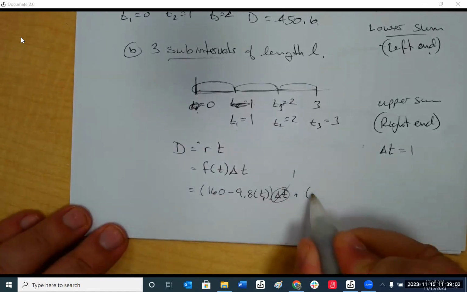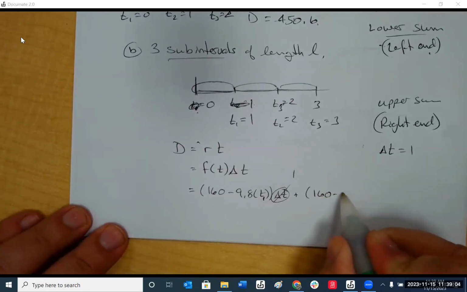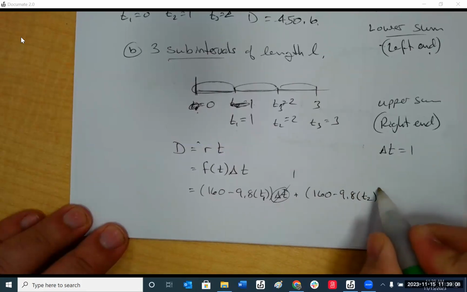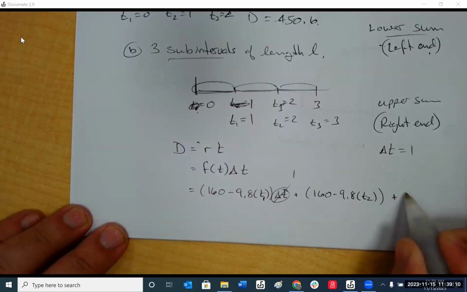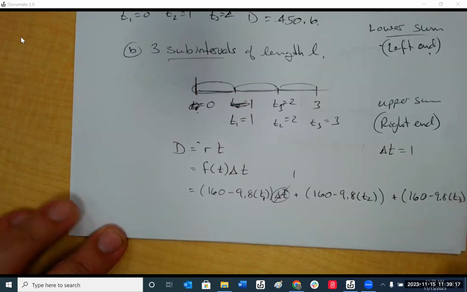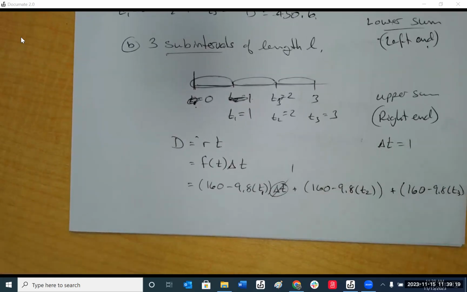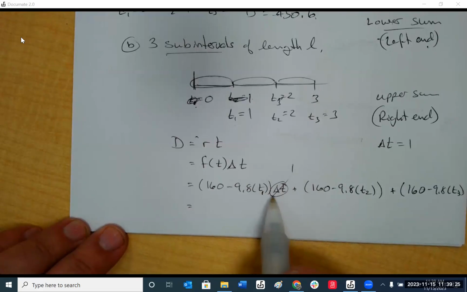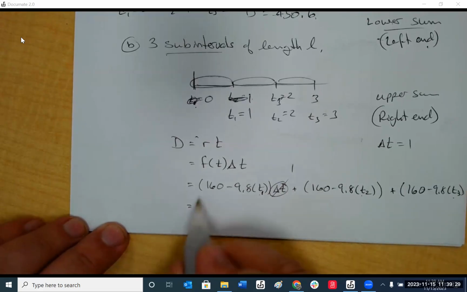So this is at T1, T2, T3. Because all the delta T's are 1, I'm not going to put those there. Now we look at what the values of T1, T2, T3 are. T1 is 1.